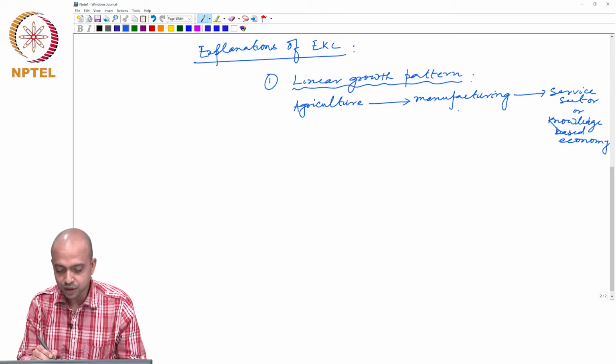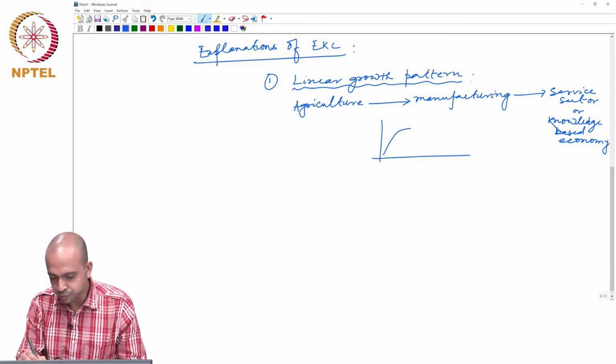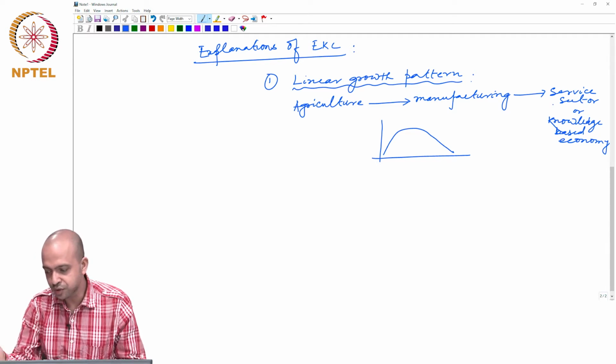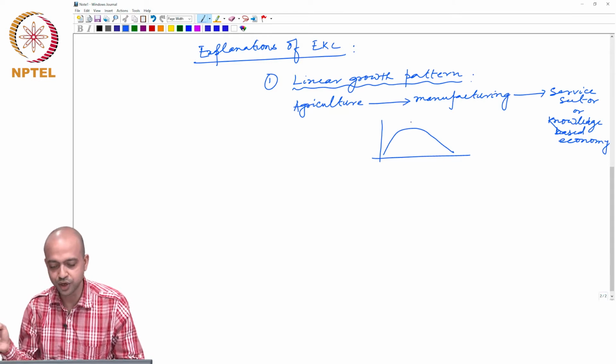So, what will happen then? When you are agriculture based, your pollution is low. When the economy is based on manufacturing, pollution would be high, and when the economy at the last stages of growth is dependent on the service sector, then obviously pollution per capita will come down.